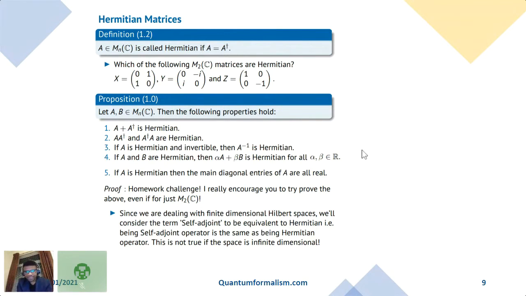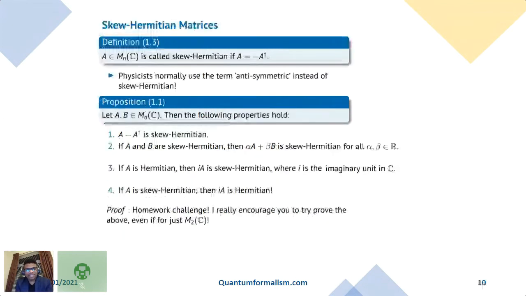Another interesting thing, just for you to see that Hermitian matrices are not boring: we have the notion of a skew Hermitian matrix, which is equal to the additive inverse of its dagger.